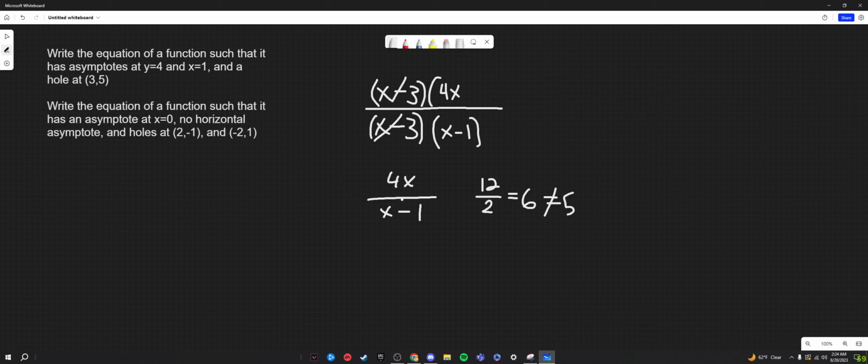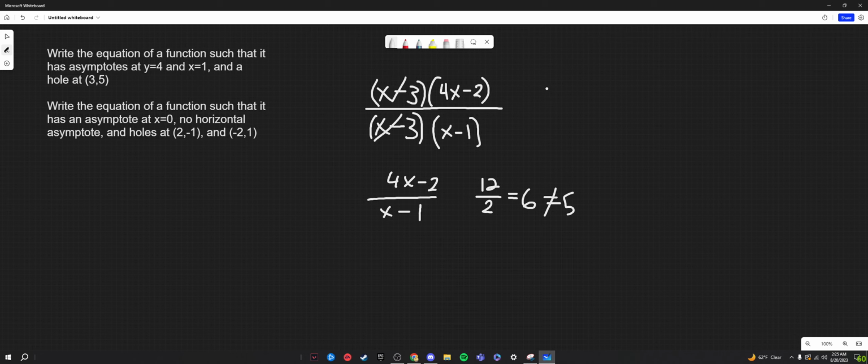So what does this mean? Well, we want the numerator to decrease, or the denominator I guess, but it's easier for the numerator to decrease in such a way that when divided by 2, we get 5. That just means we want 10 over 2, not 12 over 2. So we can just slap in a minus 2 over here, and here we go.